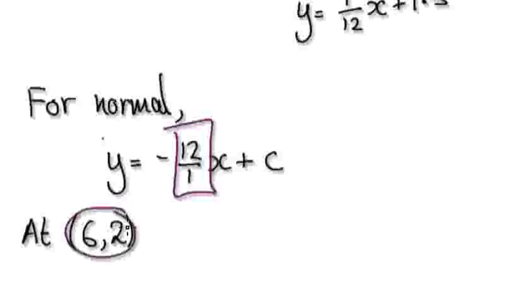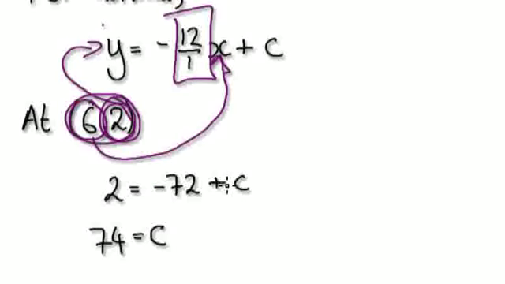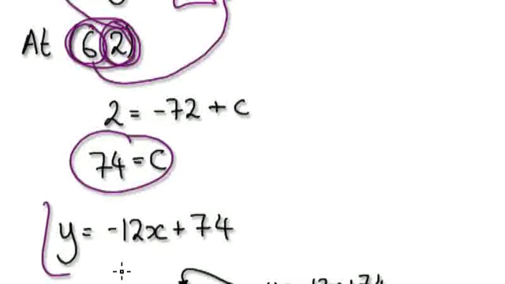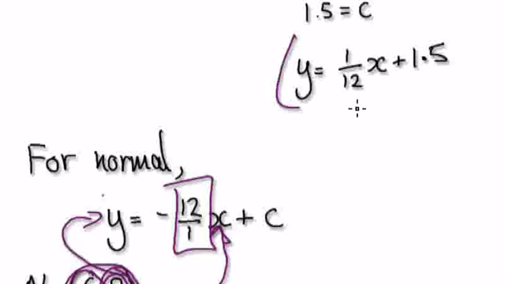You know it crosses this point here, so you can put 2 into the y and 6 into the x, and then c turns out to be 74. So the equation of the normal line is given by this, and the equation for the tangent line is given by this.